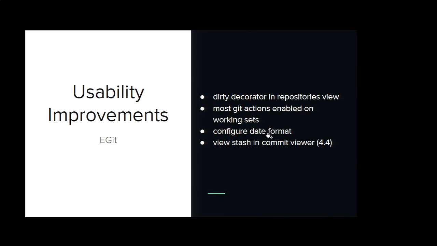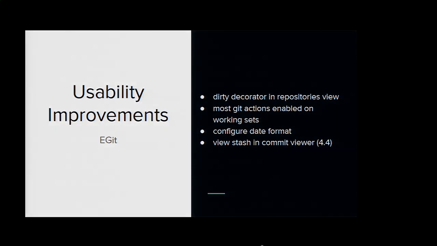You can now consistently configure the date format. Formerly, it was only configurable in some of the views. Now you can configure it across EGit, and you also get more available date formats. And you can now also view stashes in the commit viewer so that you can see what's the content of a stash. So let's show that.